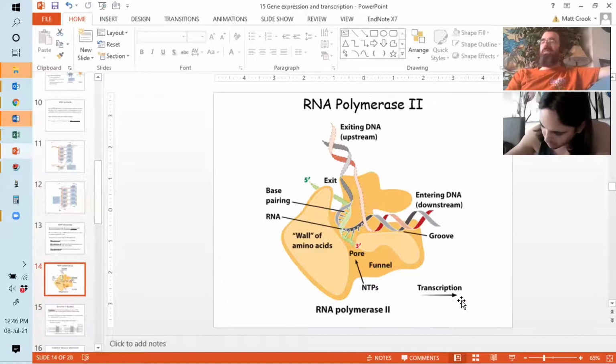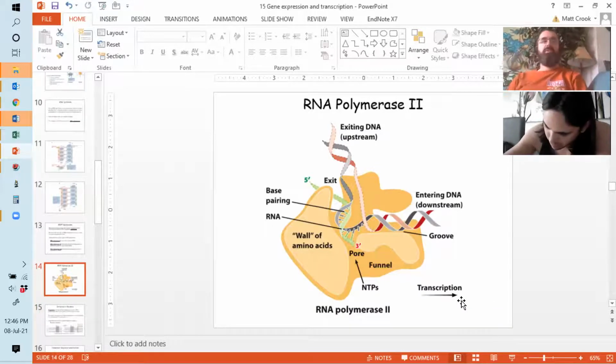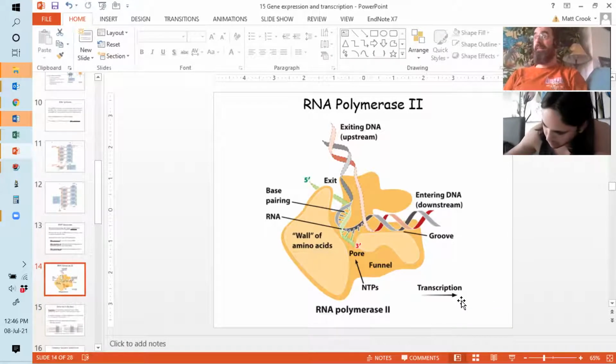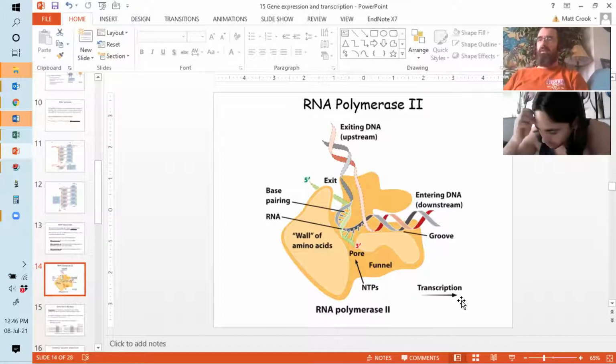Now, as with everything, all these molecular processes have a beginning, a middle, and an end. The middle is actually often the least interesting part, by and large. But the same is the case for transcription. So we have initiation of transcription, which is actually an astonishingly complex process, particularly in eukaryotes.